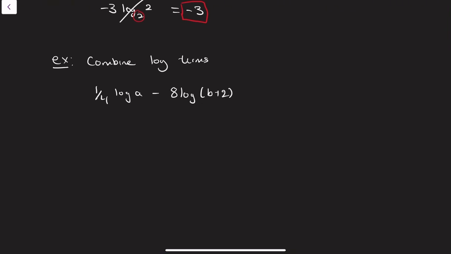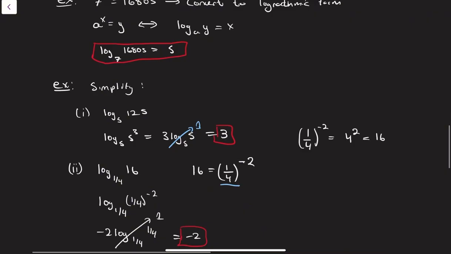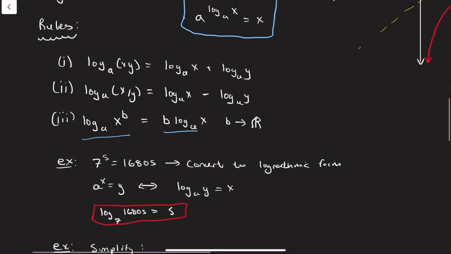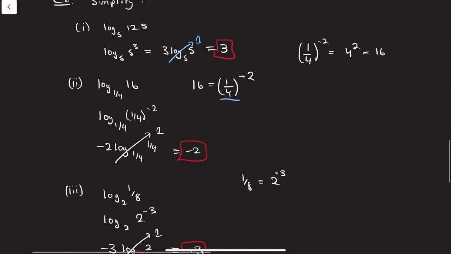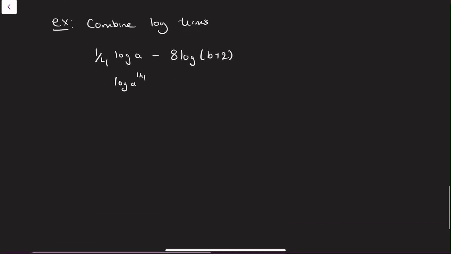But anyways, using the laws of logarithms, let's first bring 1/4 to the top, as you can see from the third law. If we have something in front, we can bring it to the top into this form. We do the same for the second logarithm, so b plus 2 gets raised to the 8.